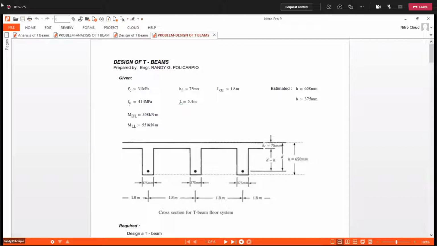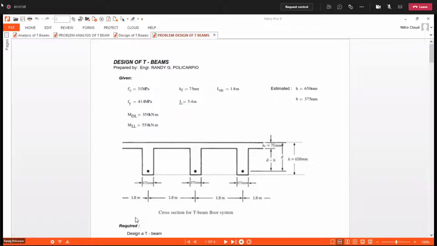Yung laboratory activity nyo is actually a combination of what we have done in analysis and design. Kasi yung binigay kong activity sa inyo, wala kayong effective width. Pero sa example kasi natin, di tayo kumuha nun.